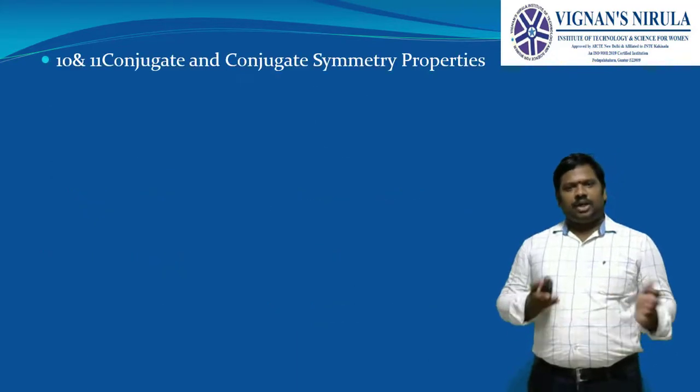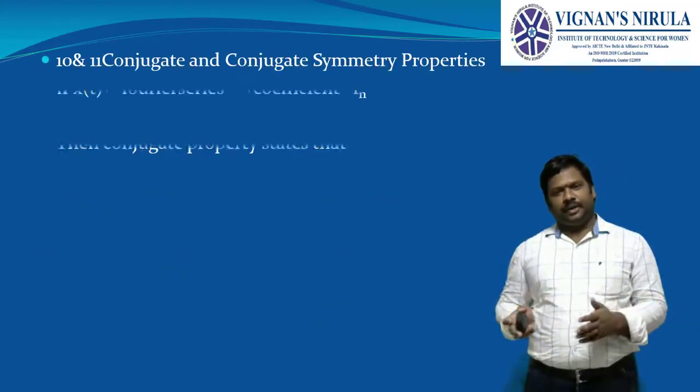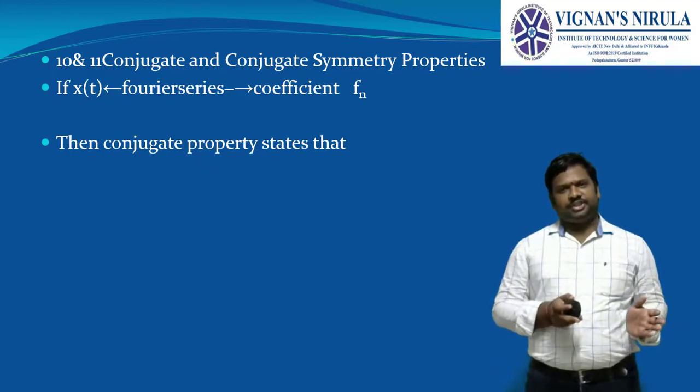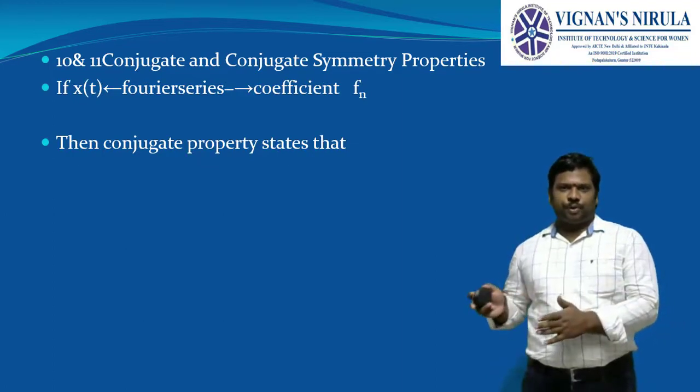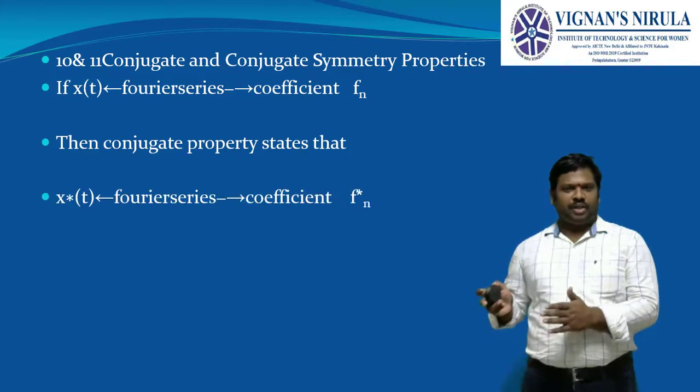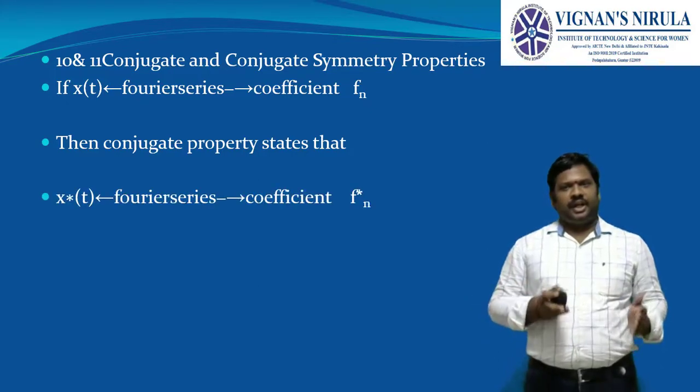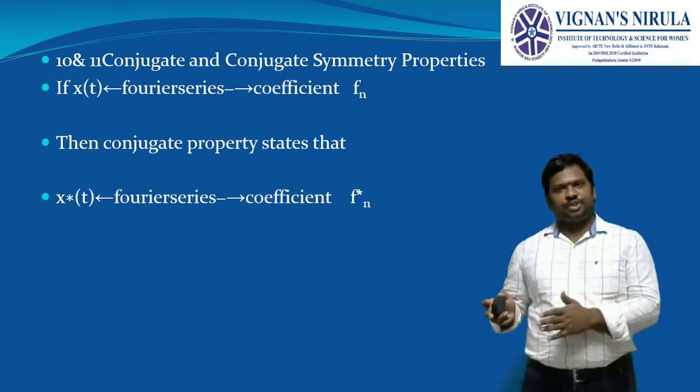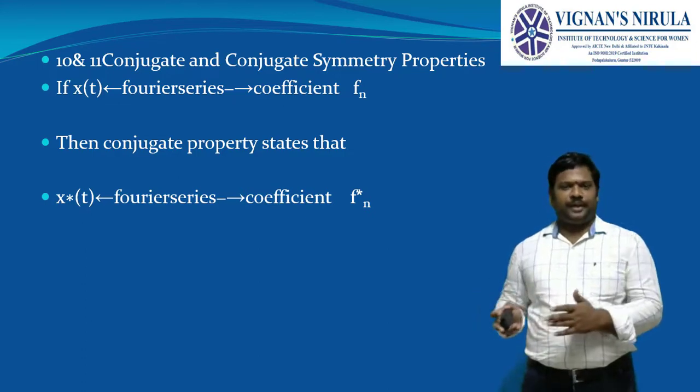Next one is the conjugation and the conjugate symmetry. In the conjugation property, if x(t) has Fourier series coefficient Fn, then x star of t has Fourier series coefficient F star of minus n.